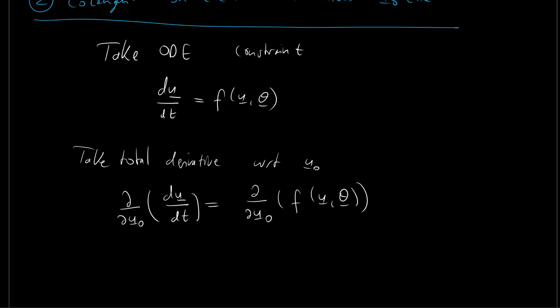Okay, for the left, it's the same as before. The order of differentiation can be swapped because both are linear operations. We will get the time derivative of the Jacobian of u with respect to u0. And on the right-hand side, it's a little bit less obvious, but our u has a nested dependency on u0, because obviously the trajectory of u depends on the starting point.